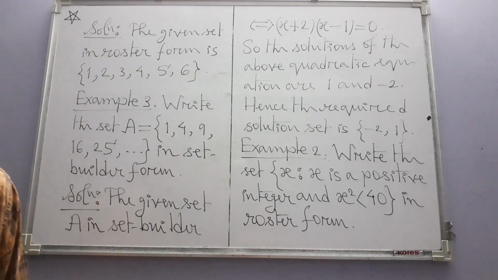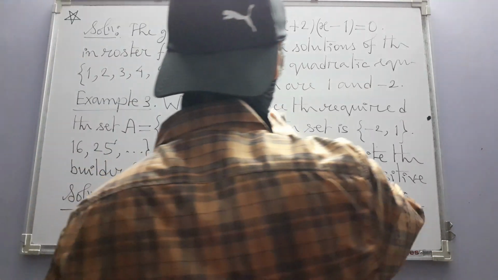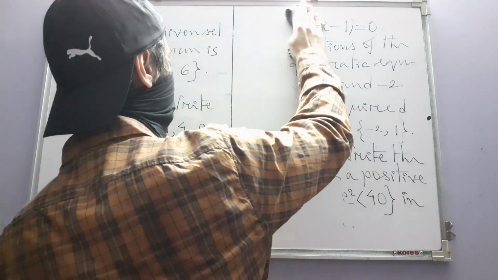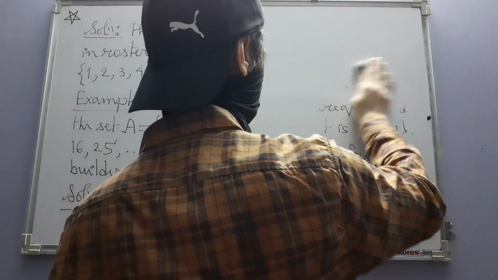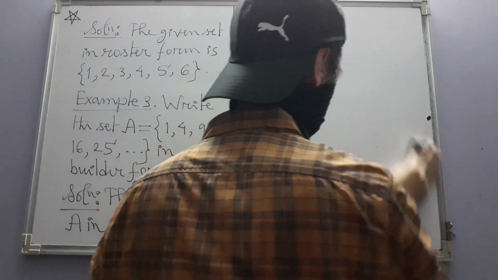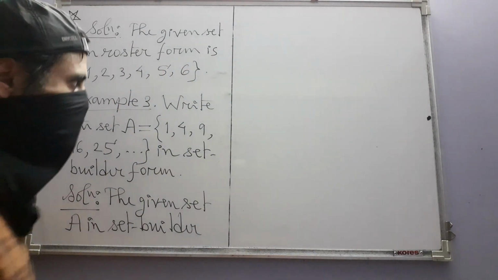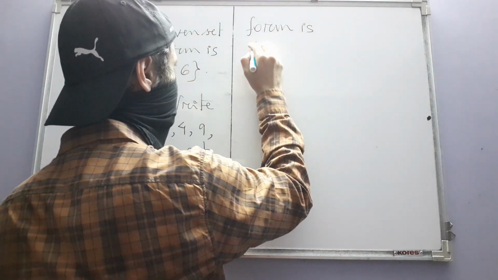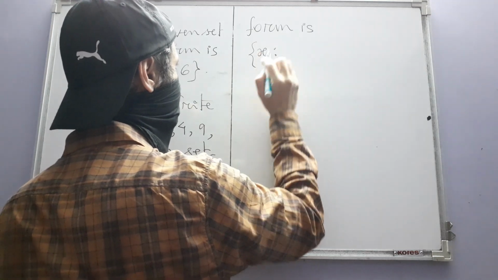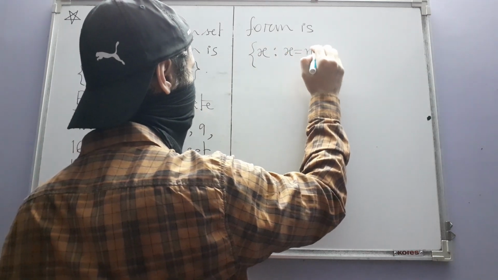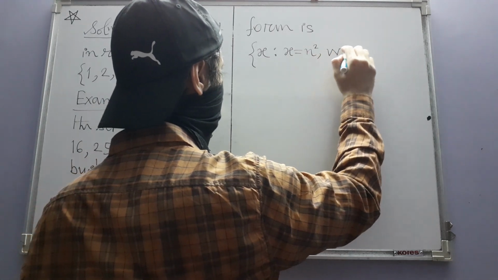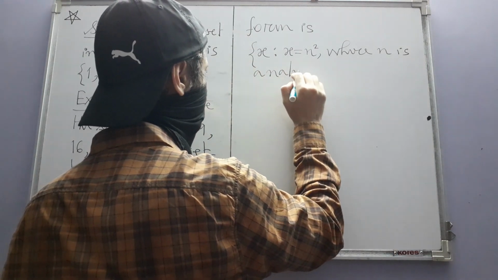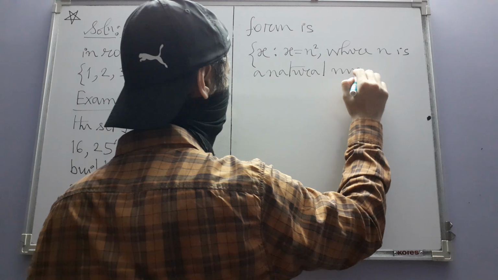In set builder form, it is this: x such that x is equal to n square, where n is a natural number.